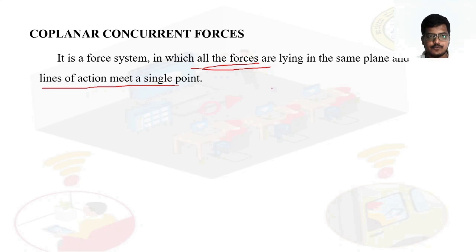That is called coplanar concurrent forces. If you are asked to define coplanar concurrent forces, then you have to define it as a force system in which all the forces are lying in the same plane. If the forces are lying in the same plane, it is called coplanar, and the lines of action meeting at a single point tells us it is concurrent.